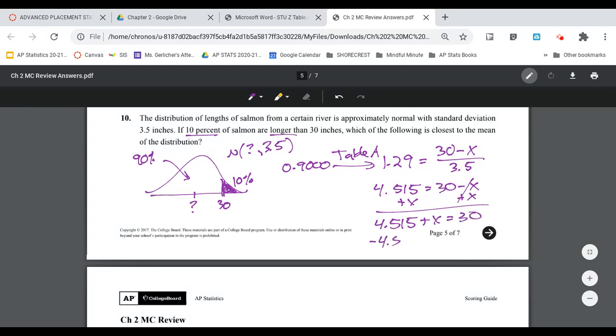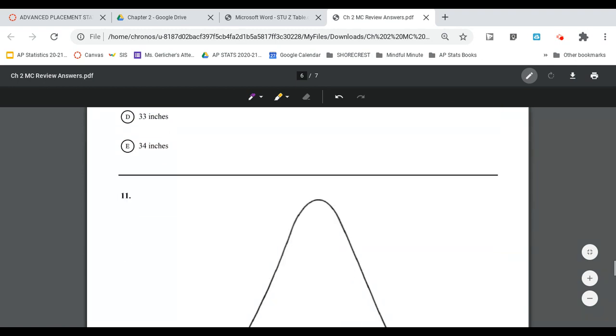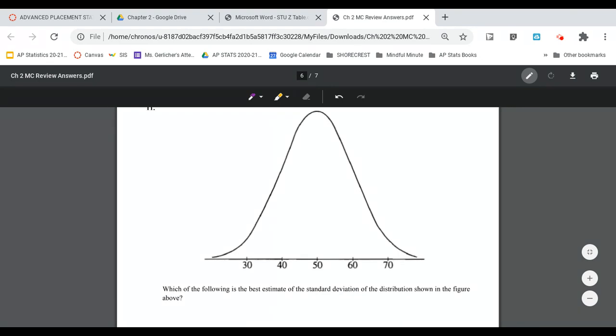Now subtract. So however you did this, in the end, you should be going 30 minus 4.515, which is 25.485. And that rounds to 26. And remember, there's a little bit of rounding error that happens with table A, and it's okay. I'm not worried about it. You shouldn't be worried about it either.